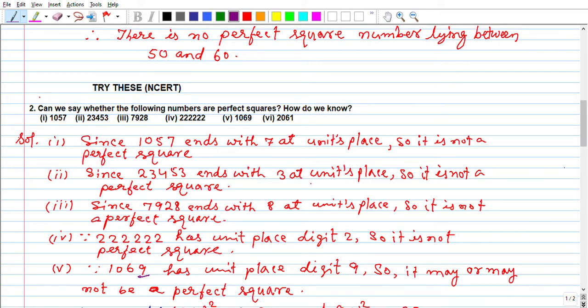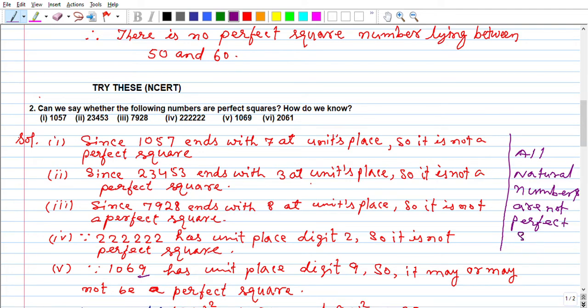We can write here: all natural numbers are not perfect squares.